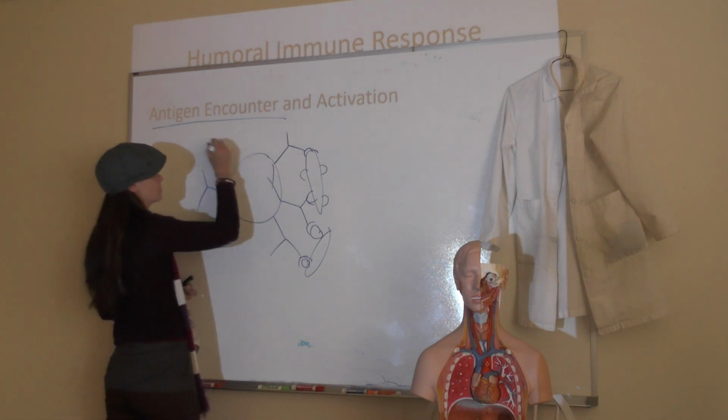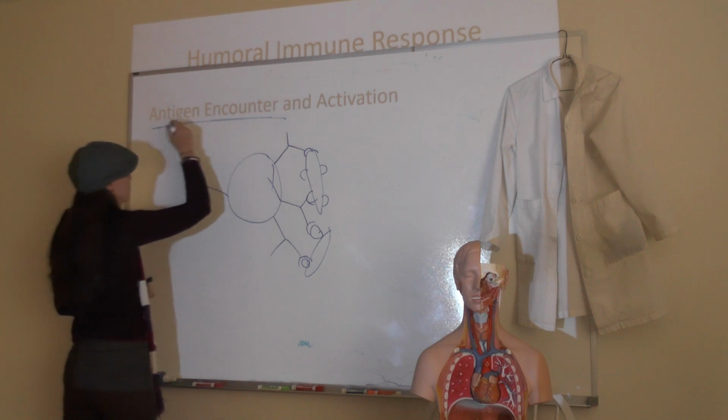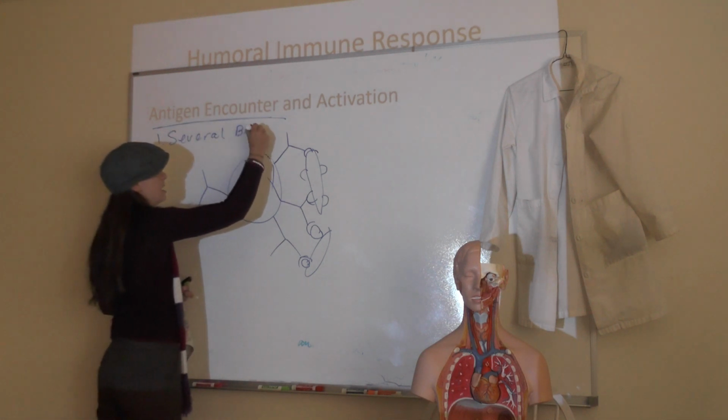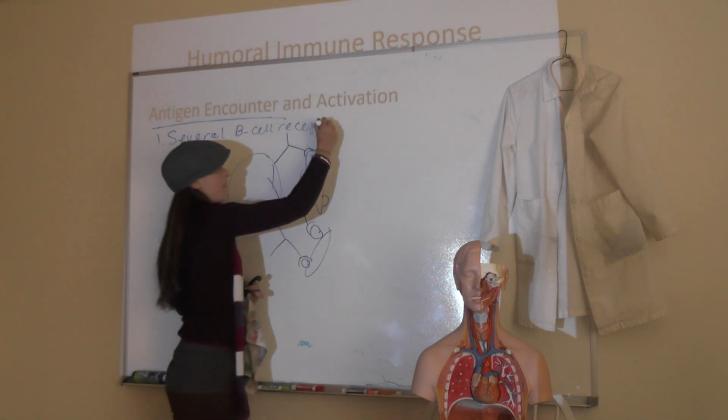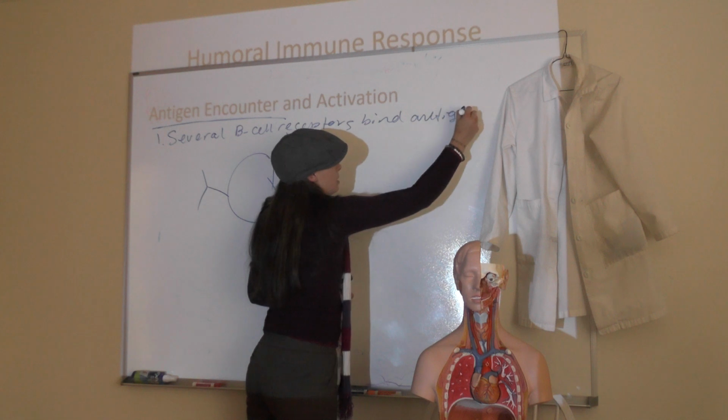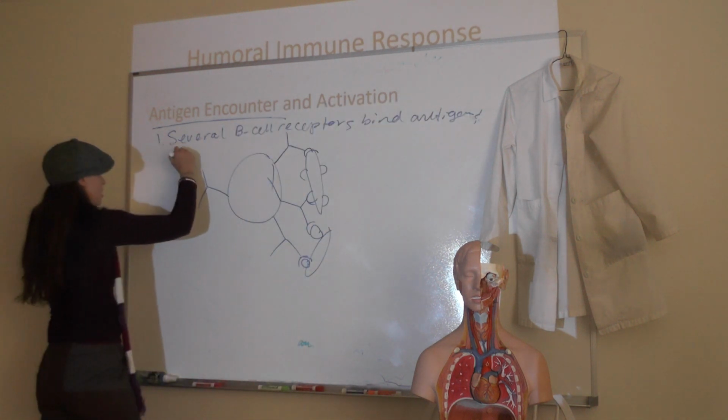So that's going to be something that's really important. So for antigen encounter, what we can say is that several B cell receptors bind antigen and cross-link.